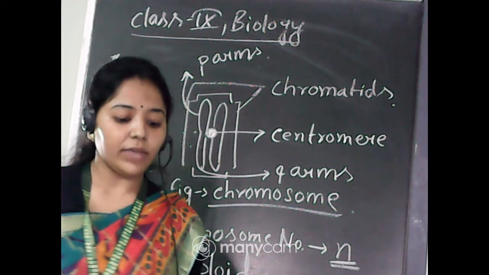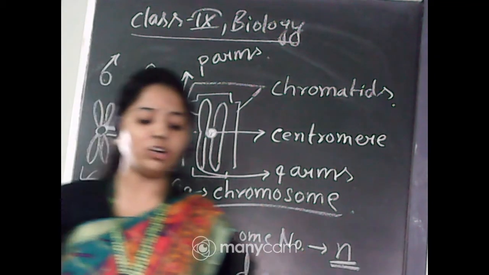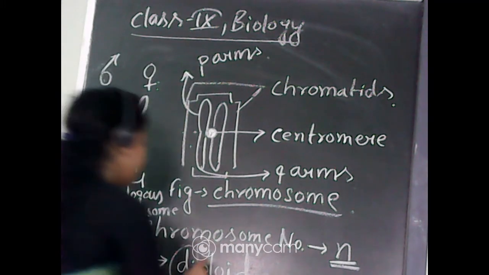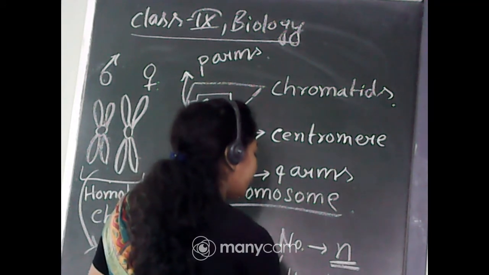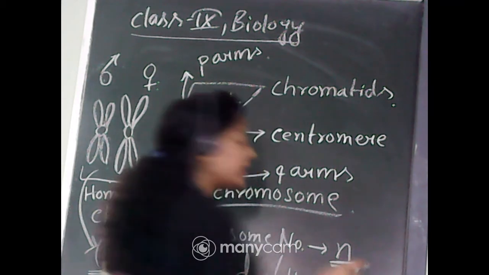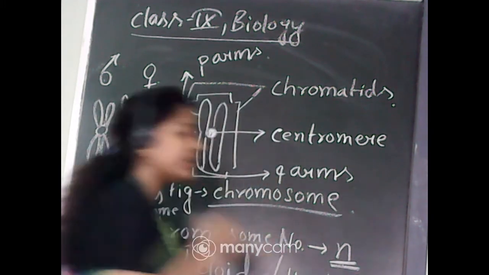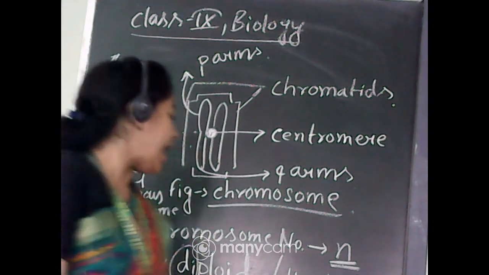So we have seen that only a single set of chromosomes, or genome, occurs in gametes. I have told you about diploid. Now, what is the haploid case? When only a single set of chromosomes, denoted as 1n, is present, that condition is known as haploid.